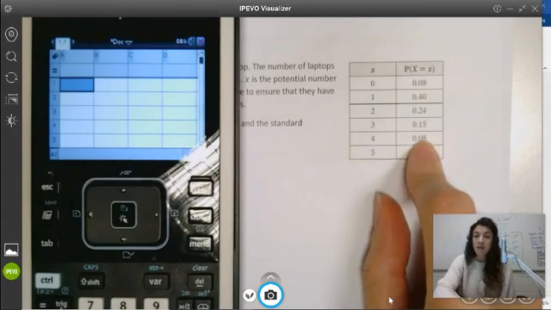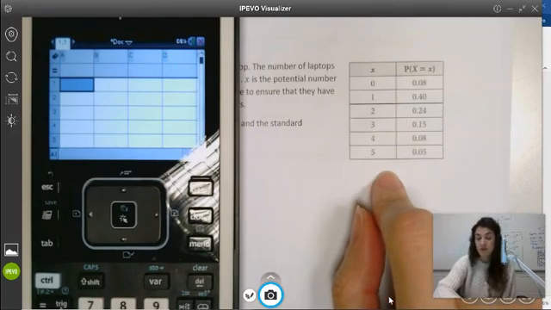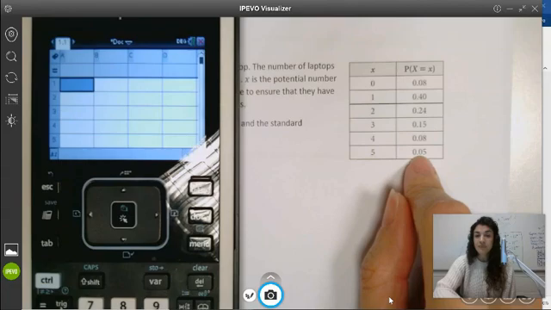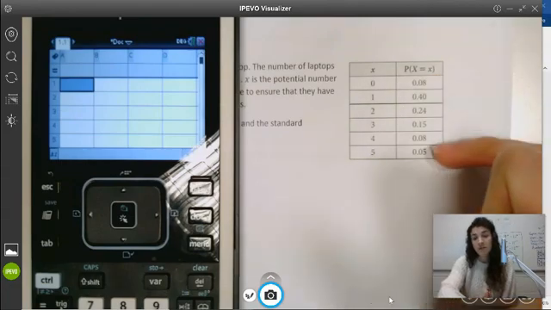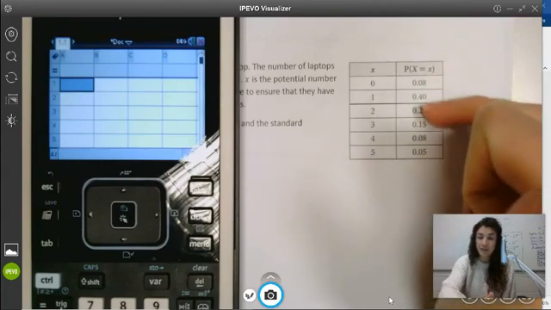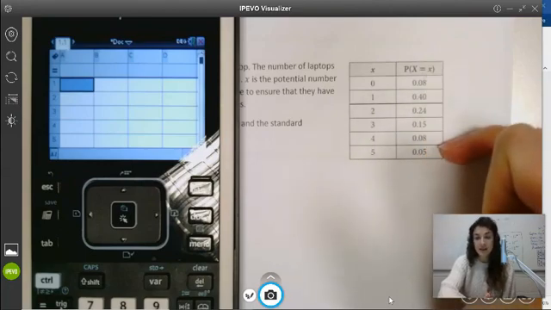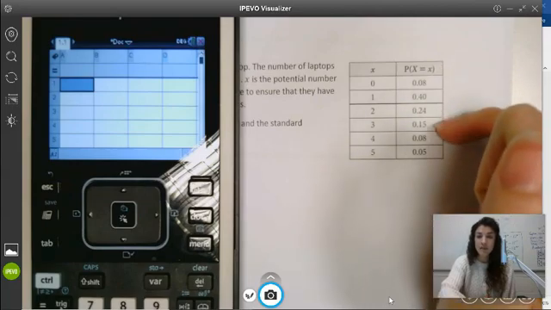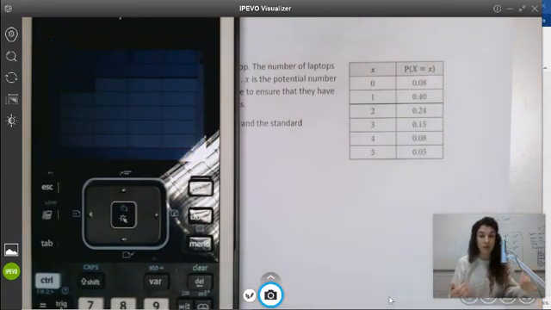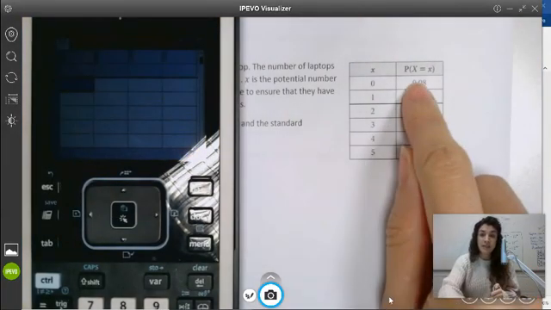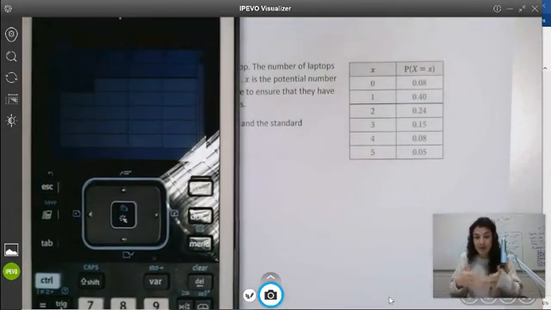Because if we multiplied all of these probabilities by the total number of laptops sold, we would be multiplying all of them by the same number, which means that the relationship of them would all stay the same. And so that's why we can plug in the probabilities, because the relationship of these numbers together is still consistent, whether we multiplied all these numbers by 100 or a million or 3.2. The relationship of them all would stay the same because we multiplied them all by the same number.